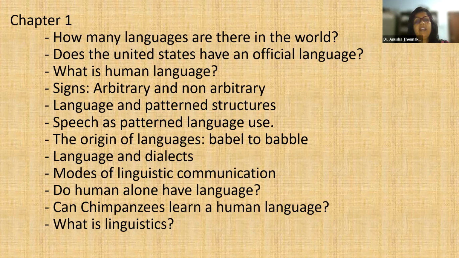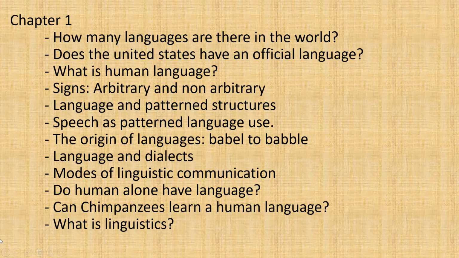What is human language? Signs, arbitrary and non-arbitrary. Language and pattern structure. Speech as pattern language use. If you can remember, these 1, 2, 3, 4, 5, 6 topics we completed last week. So today I am planning to cover another 6 topics.